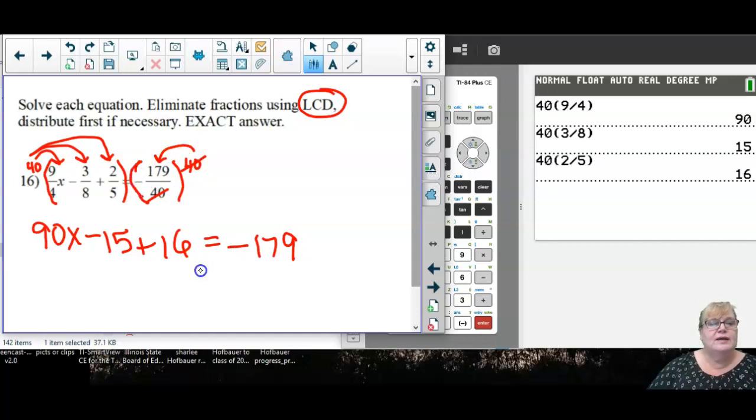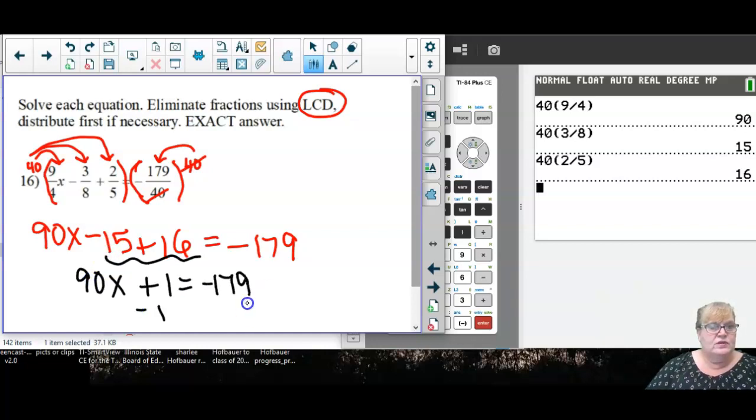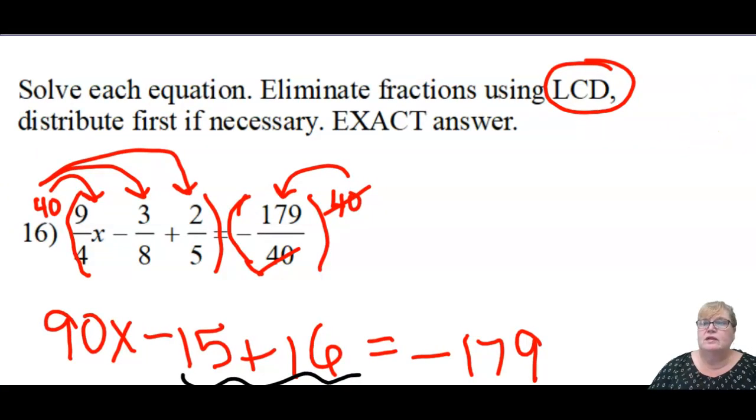All right, then we're down to a simple problem that we should be able to solve real quickly. 90x, combine like terms. Subtract, use your calculator if you need to, but we get 90x equals negative 180. I should make this full screen again.